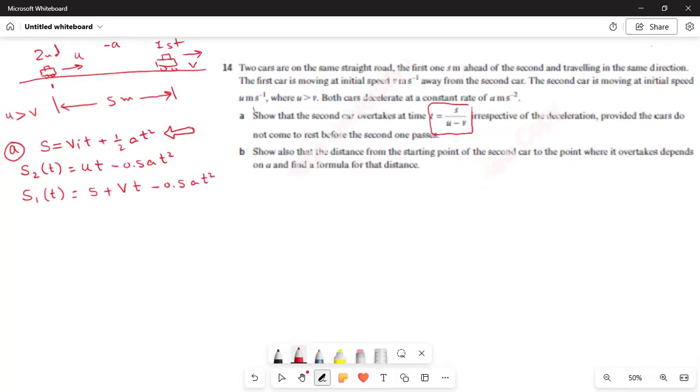So at some time, these two distances become equal. S1 of t would be the same as S2 of t, and I want to find out at what time they will be equal.